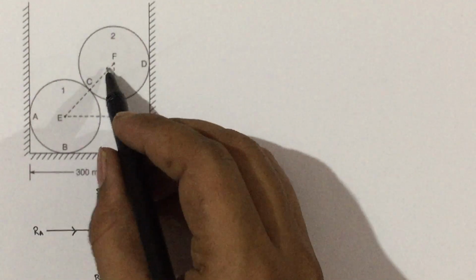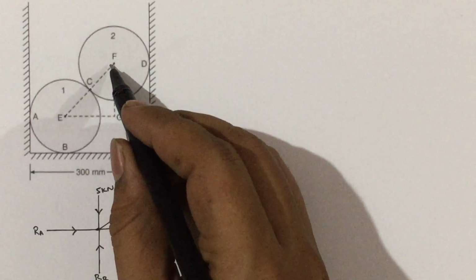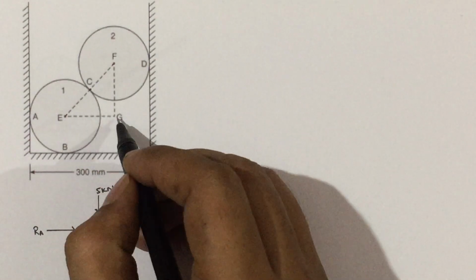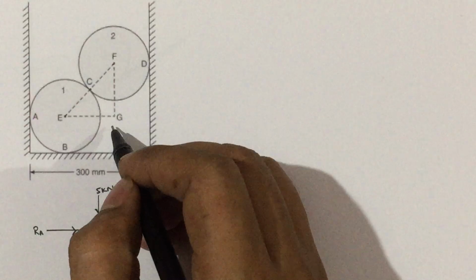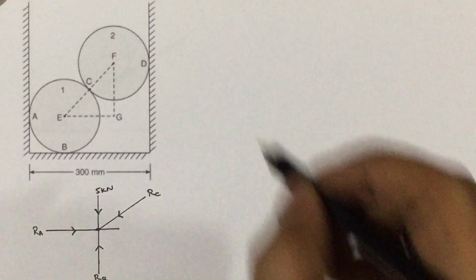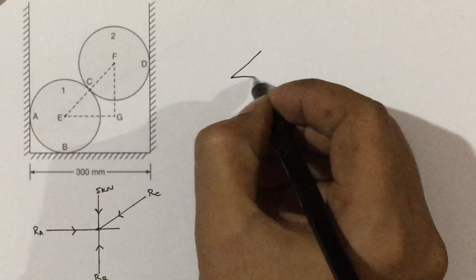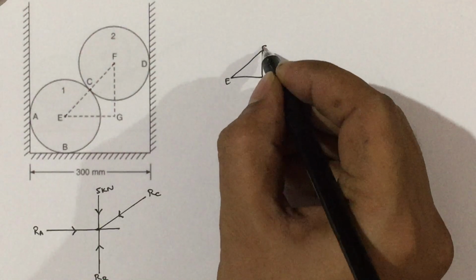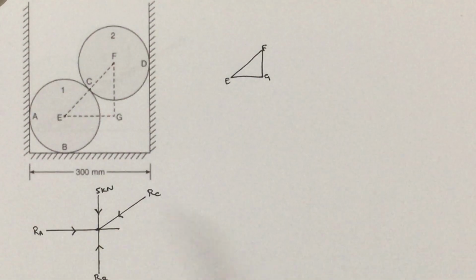Then to find the angle, join center to center of these two balls. From the lower triangle draw a horizontal line, from the upper triangle draw a vertical line. It will form a right angle triangle, that is EFG.